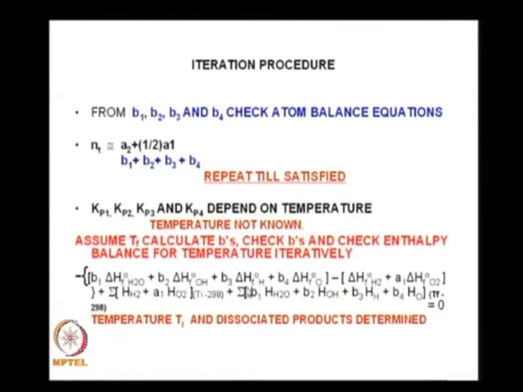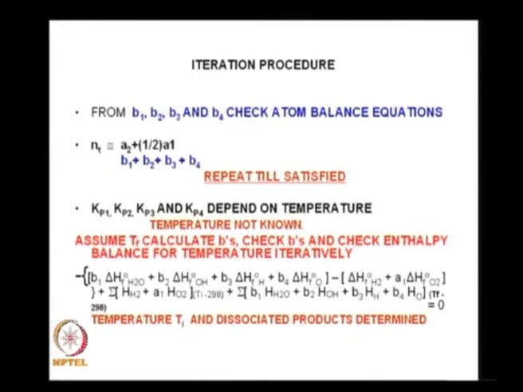If my assumed temperature is not correct, then this will not be equal to 0. I again have to assume a new value of temperature, calculate the values of Kp1, Kp2, Kp3, Kp4 at the new temperature, and again do the enthalpy balance till my final temperature converges, and that is my flame temperature.